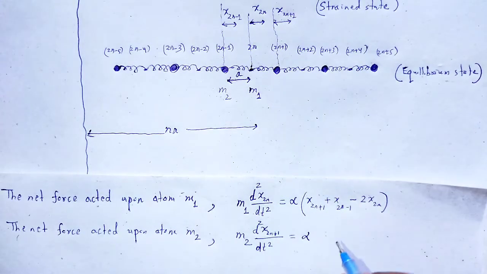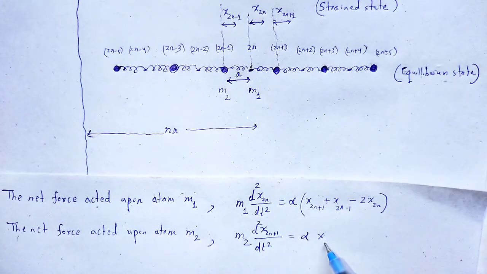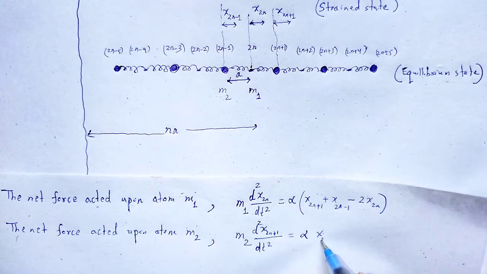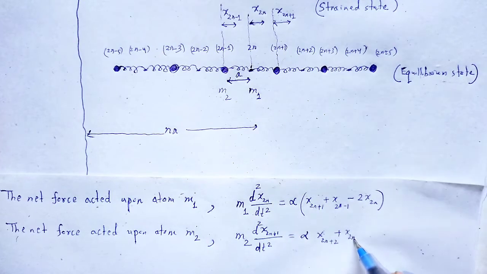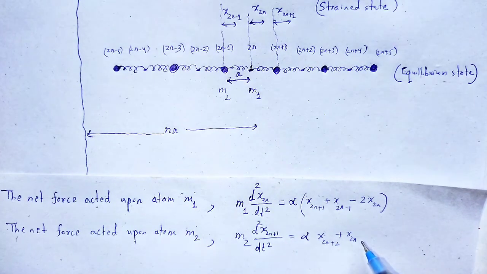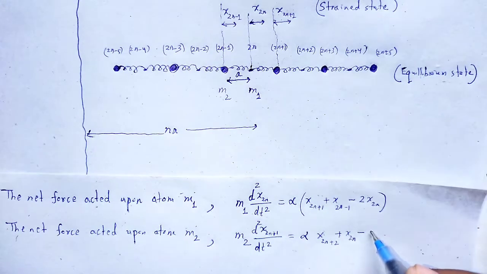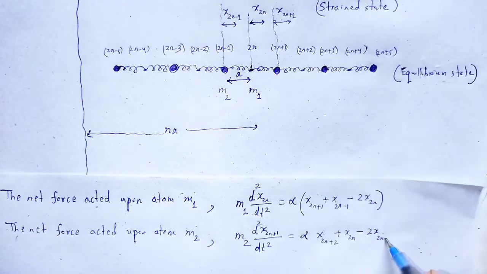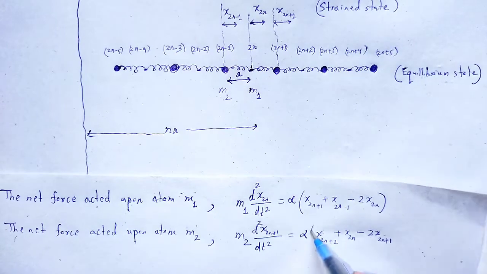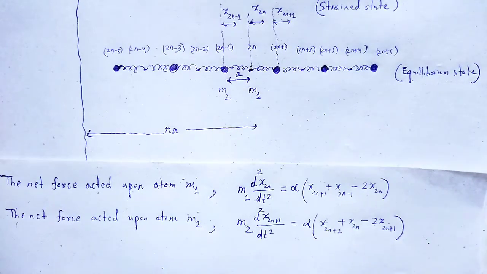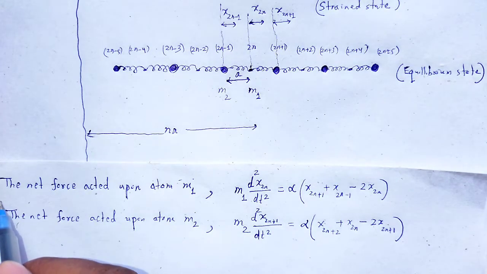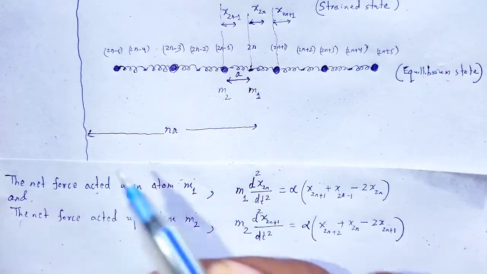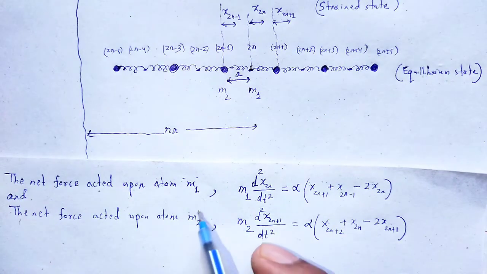Here is the particle M2: x₂ₙ₊₂ + x₂ₙ − 2x₂ₙ₊₁. So, the net force on M1 and net force on M2.